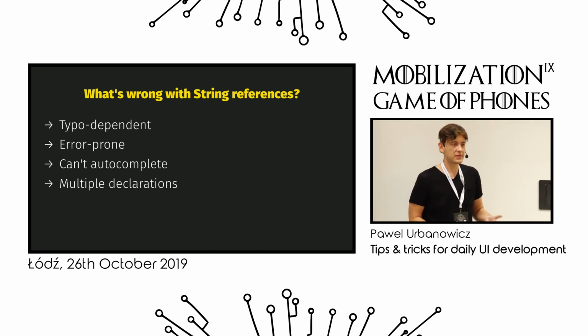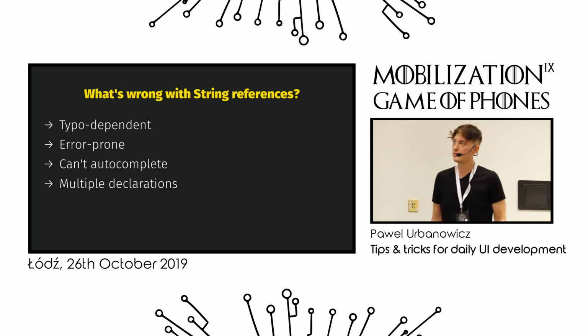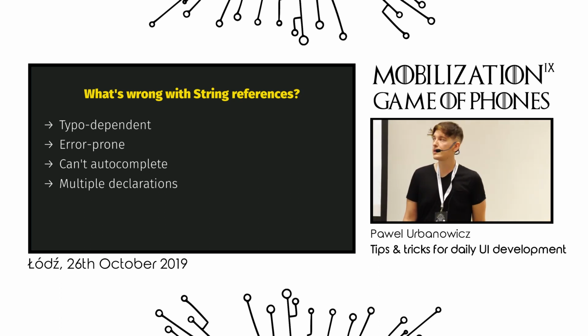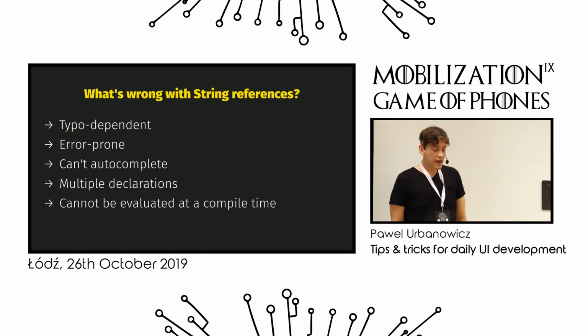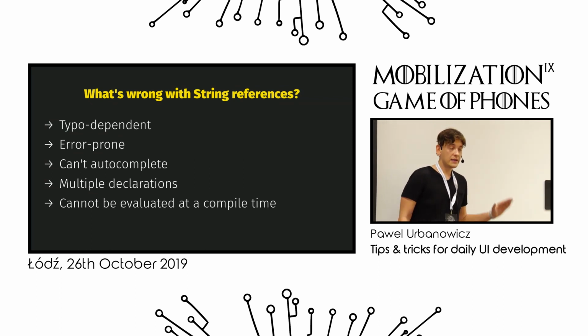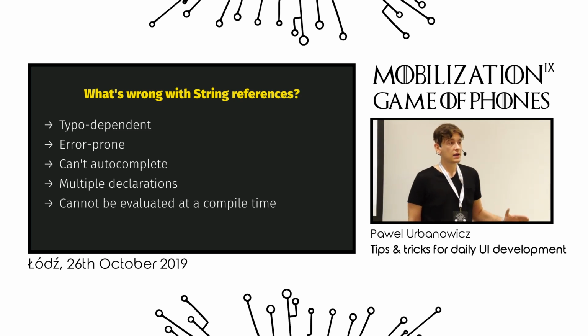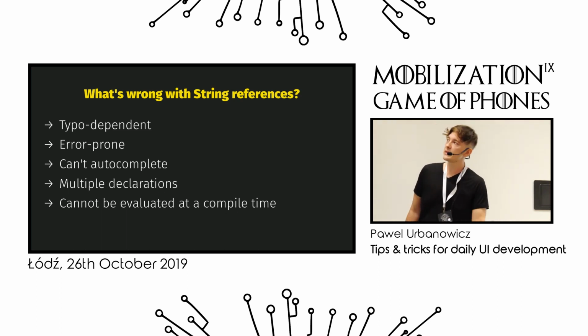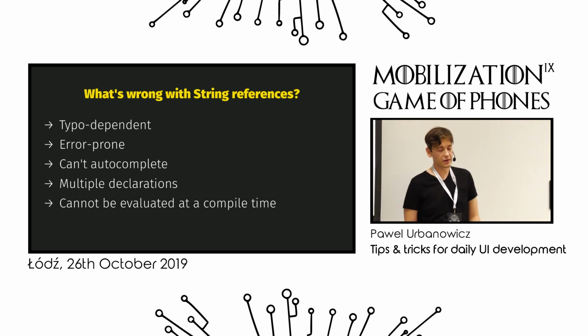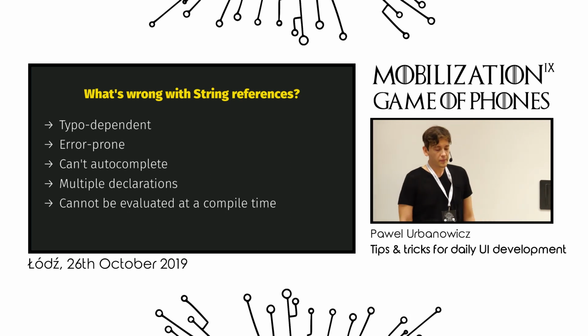You can work around this issue by using constants, but not everyone is using those. Finally, they guarantee absolutely zero compile time safety. Like I said, the unwanted behavior is happening at runtime. Crashes are happening at runtime. Missing assets, missing images are also happening at runtime. I mean, let the compiler worry about it, not me.